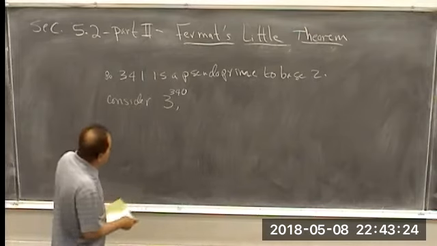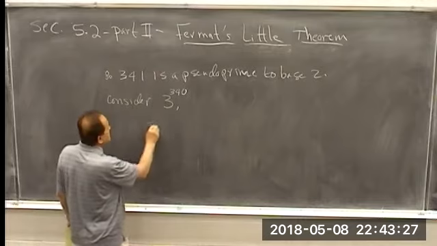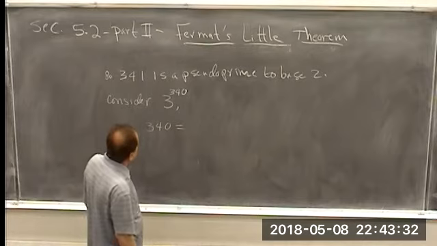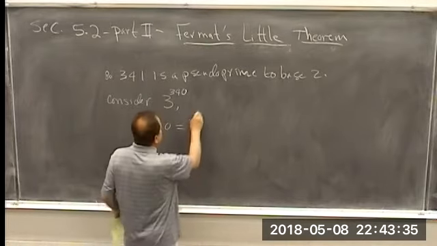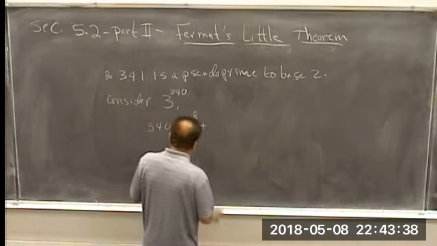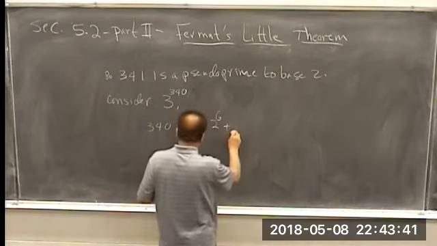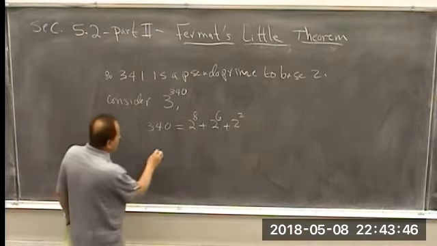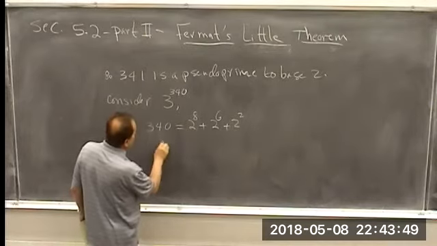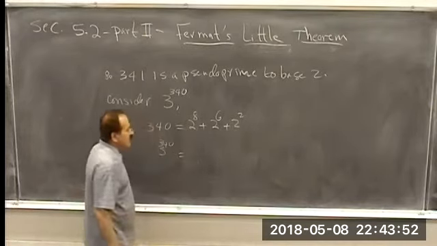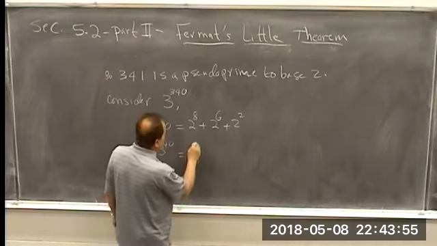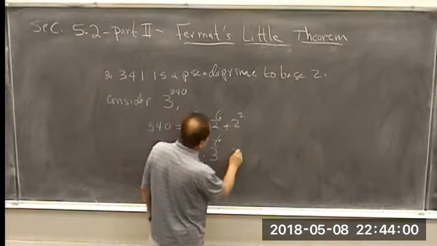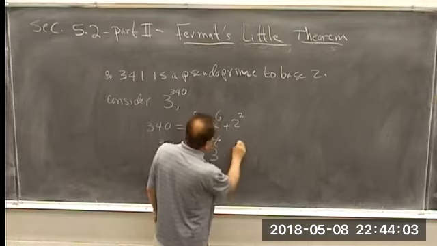One way to do this is, again, to use brute force to express 340 in base 2, or write it as a sum of powers of 2. Then 3 to the 340 is equal to 3 to the 2 to the 8 times 3 to the 2 to the 6 times 3 to the 2 squared.